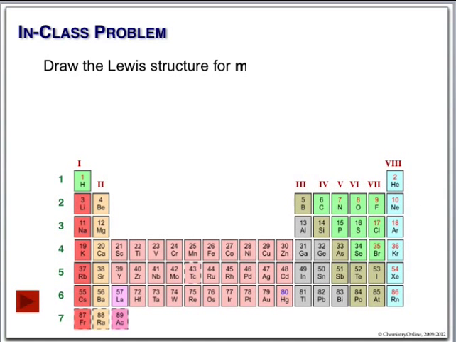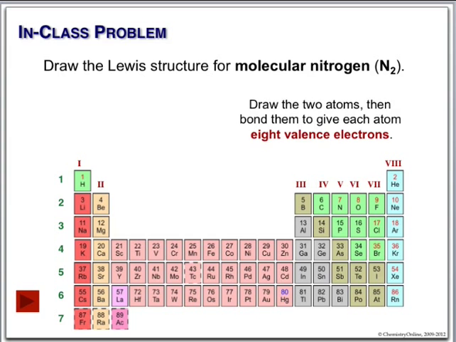Let's do one more. Let's do molecular nitrogen. Nitrogen, again, if we did the analysis, exists as N2. 2 atoms of nitrogen bonded together. Nitrogen lives in group 5, so each one has 5 electrons around it.